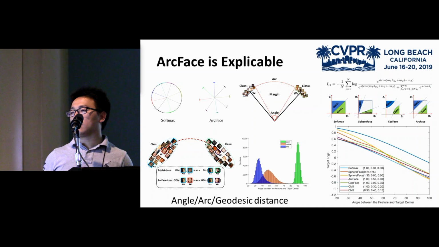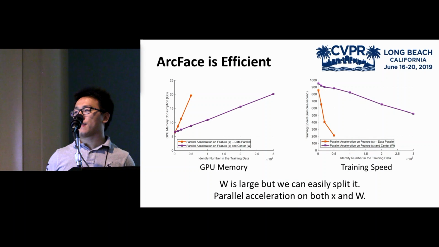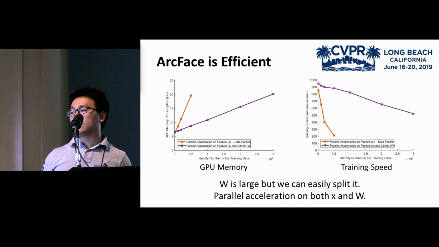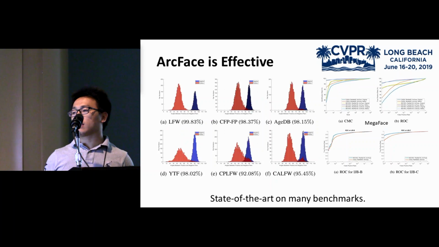Those differences improve the performance obviously. ArcFace is very efficient, even though W is very large, we can easily split it into different graphics cards. ArcFace is effective. We obtain state-of-the-art performance on many benchmarks.